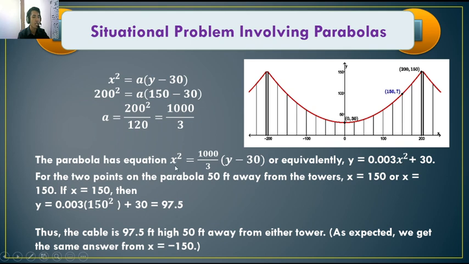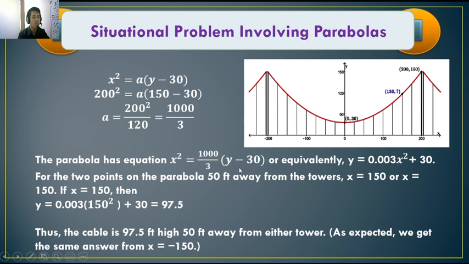But we're not yet done, so we're going to substitute a now into this equation. So the parabola's equation is x squared is equal to 1000 over 3 times (y - 30), or equivalently y is equal to 0.003x squared plus 30.